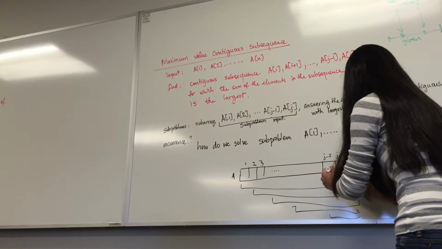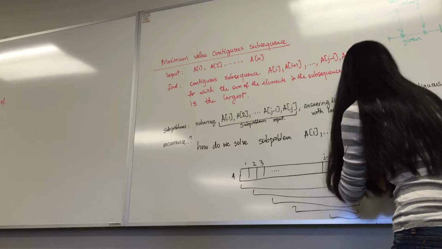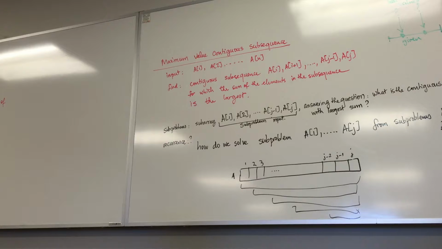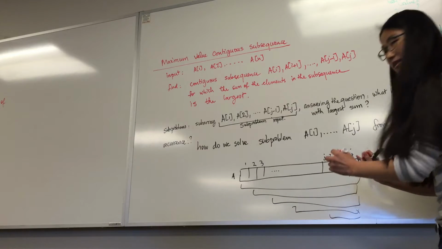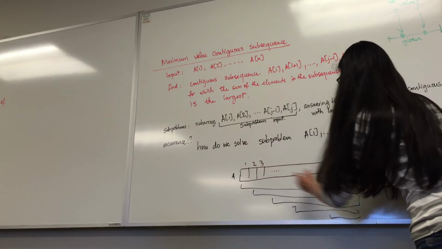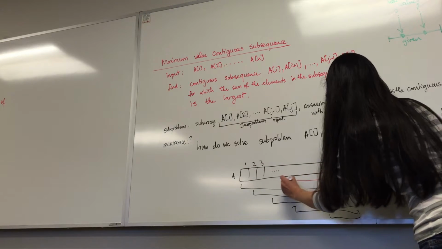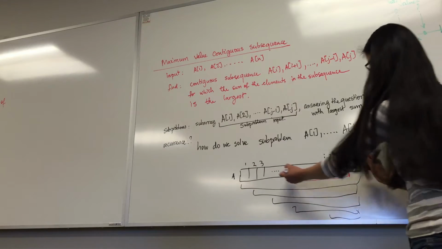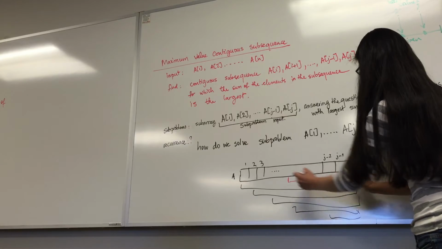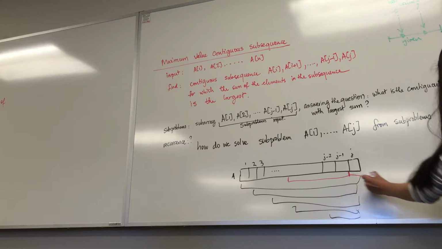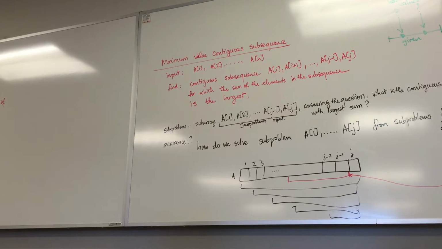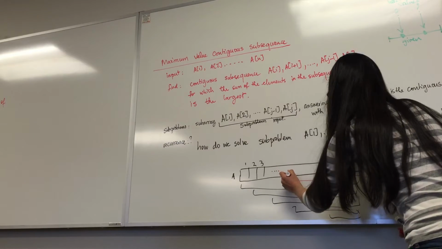Ending at J minus 1, if we have an answer for this subproblem, that means that we know, among all the ones that start over here, at what point we have to stop to get a maximum sum among all those that end at J minus 1. It tells you where to start.